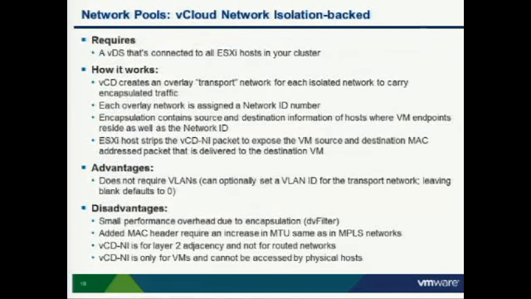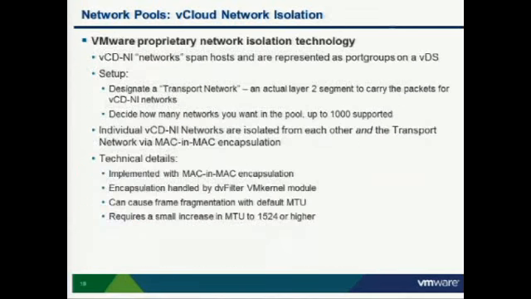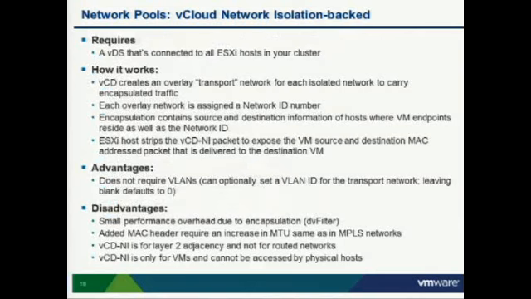Cool. So networks, vCDNI networks. Where were we here? Now that we went through this MAC-in-MAC encapsulation stuff, we basically covered everything that's here. The one thing we didn't cover is that all of this vCDNI traffic can go over what we call the transport network. You can assign a VLAN ID so that all of that MAC-in-MAC encapsulation traffic goes through a particular VLAN.